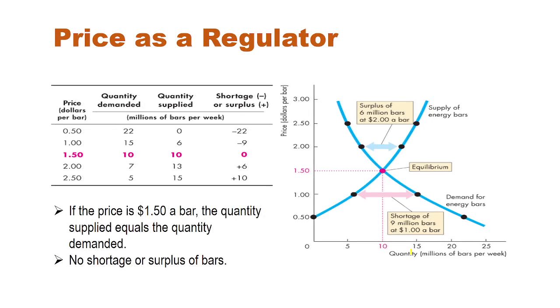So again, if the price is $1.50 a bar, the quantity supplied equals the quantity demanded, and there is no shortage and no surplus. Here, everything is equal, when opposing powers in the markets are equal, and everybody will be happy.